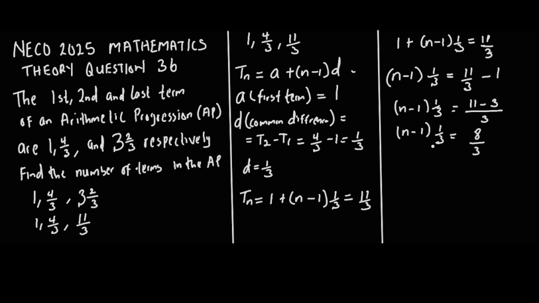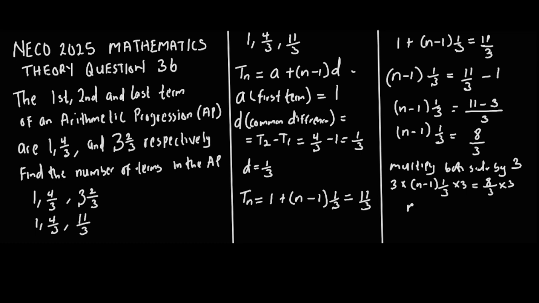Then from here we want to solve for our n. We multiply both sides by 3. So it's going to give us 3 times n minus 1, 1 over 3 times 3, is equal to 8 over 3 times 3.